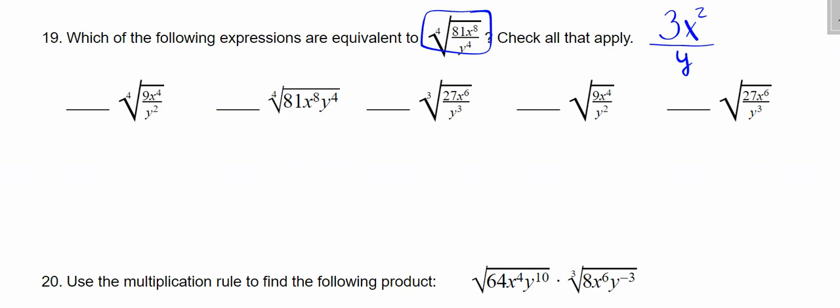I'm going to look at just the coefficients first. I know I need to get a 3 as my leading coefficient here. If I'm taking the fourth root of 9, that's not 3, so that's not it. The fourth root of 81 we already know is 3, so that could be true.